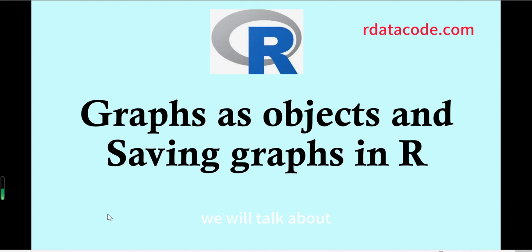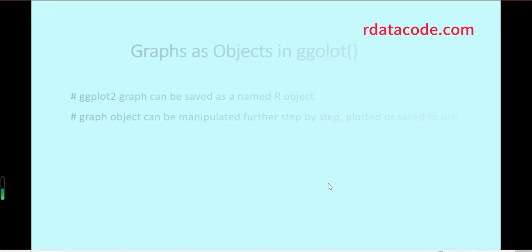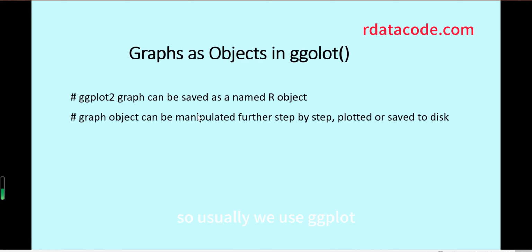In this video, we will talk about graphs in R as objects and how to save graphs. Usually we use ggplot from the ggplot2 package to plot different figures in R programming, and you can treat the graph as an object because the ggplot function is a chained command.